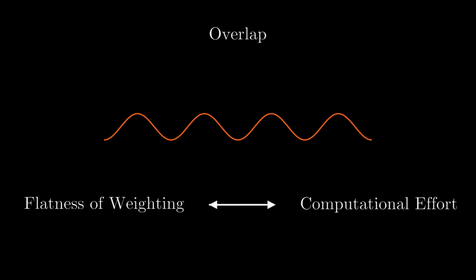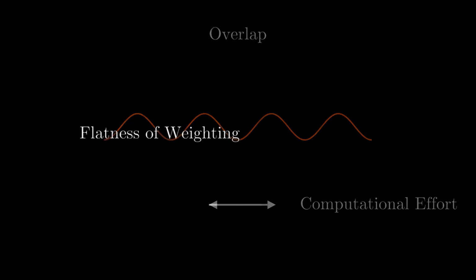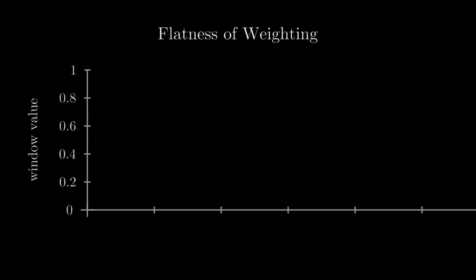Remember that the more our windows overlap, the more windows we need in total to analyze the whole signal. This results in a higher computational effort. But what do we mean by the flatness of data weighting? Let's look at an example. We have a series of overlapping windows with an overlap of 33%.